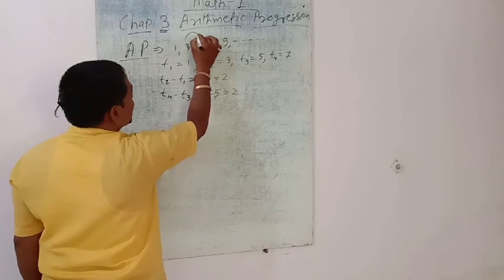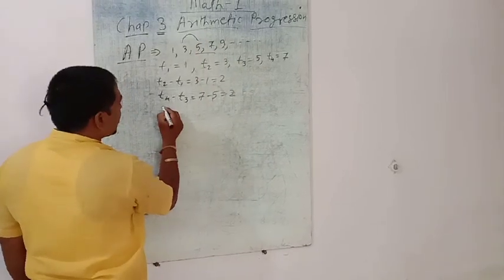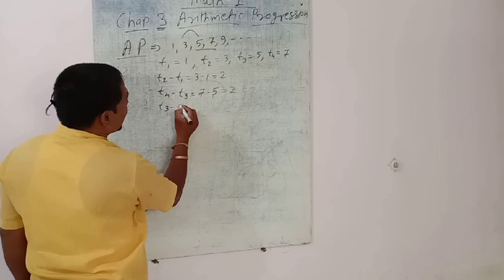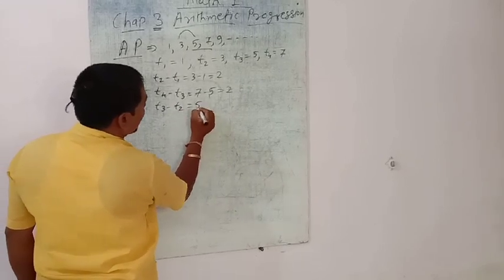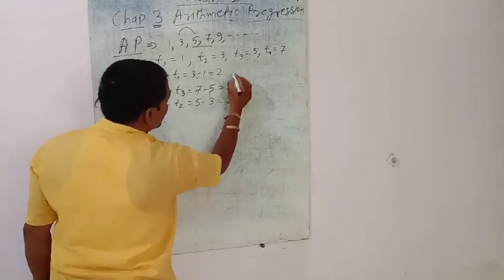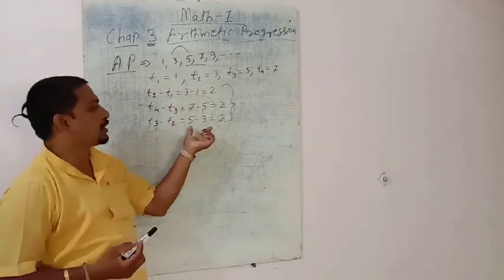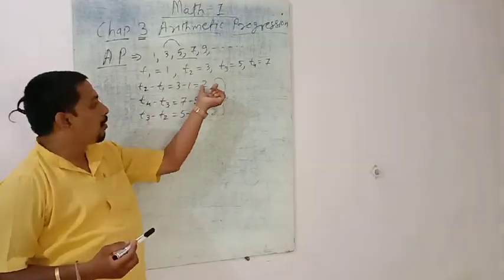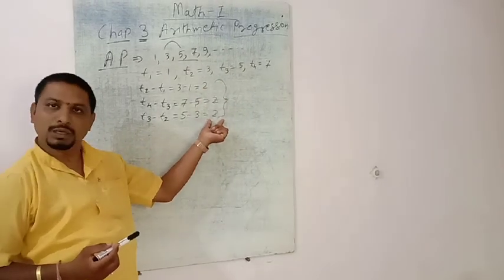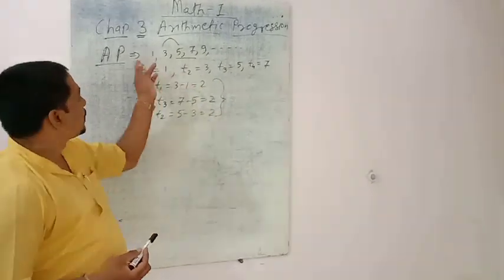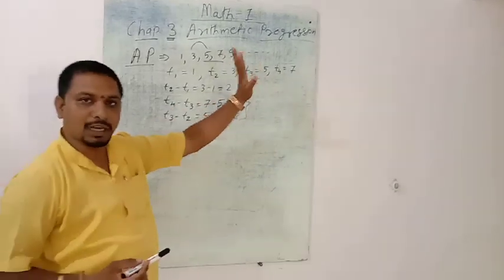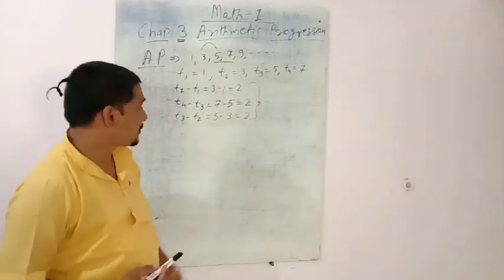Then T3 minus T2 means 5 minus 3 is equal to 2. This is the difference between two consecutive terms, and all the differences are constant. So the given sequence is an arithmetic progression.